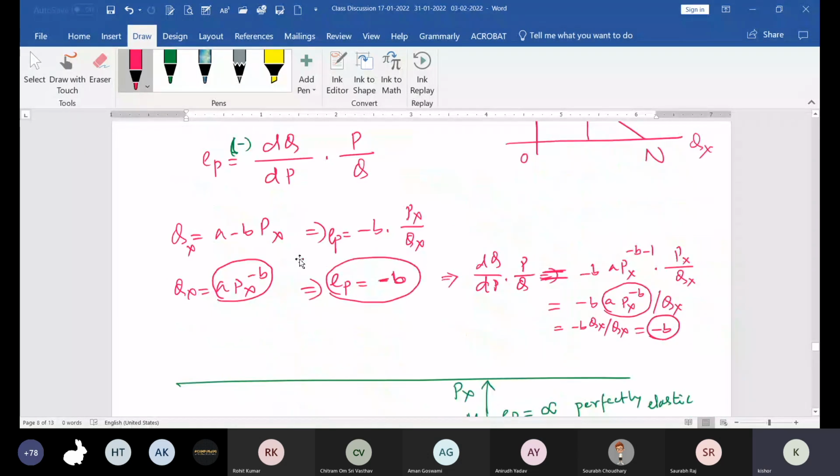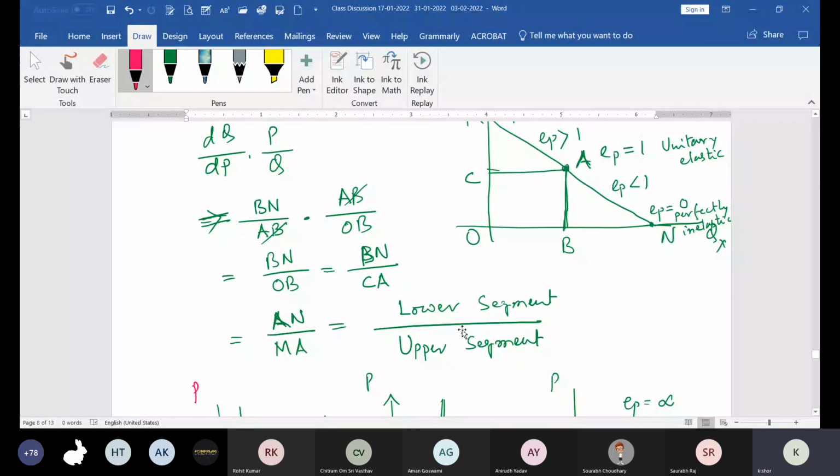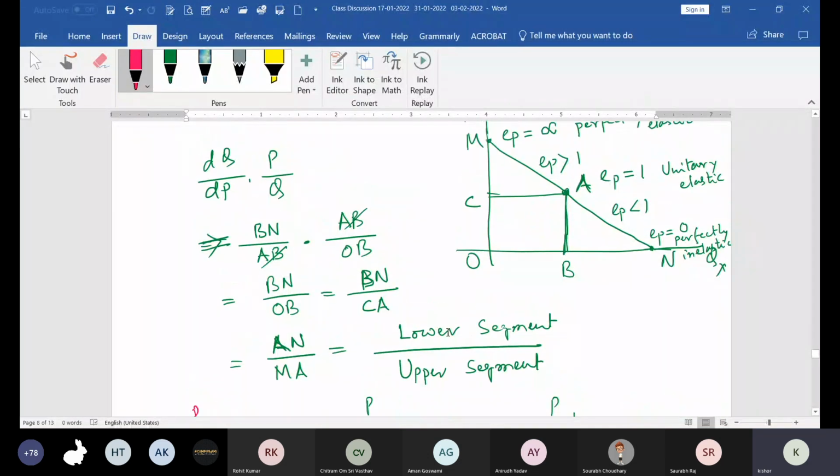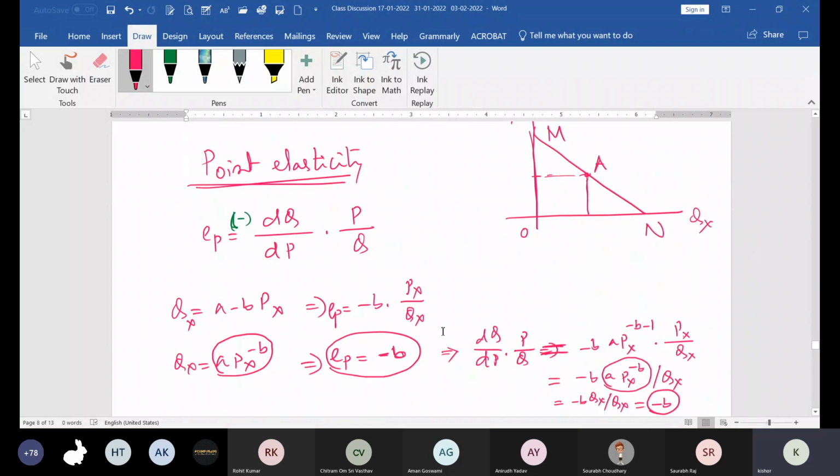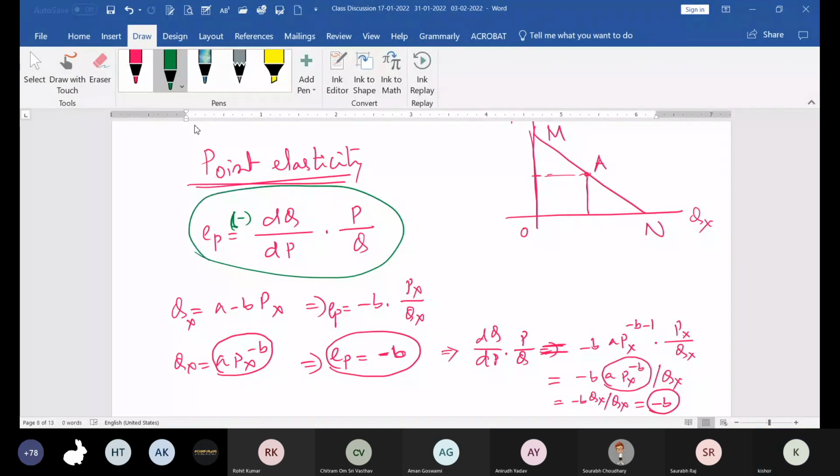We do not follow this kind of lower segment or upper segment, because you will not get an accurate value and you will be in trouble. Always follow this kind of quick measurement of elasticity value. Quickly you can calculate it. Go for simply first order derivation and calculate that elasticity value. Very easily you can do it.